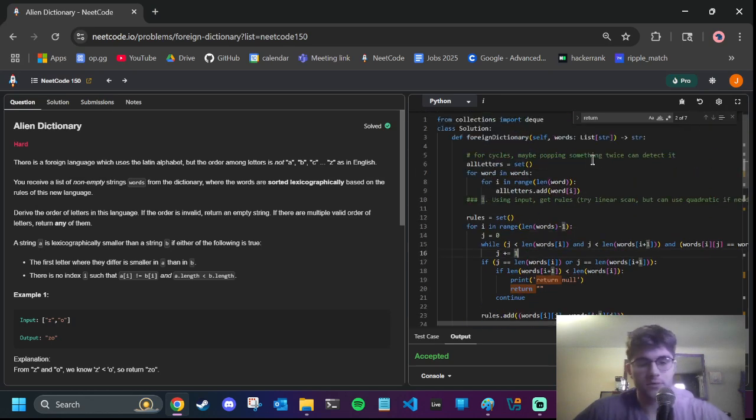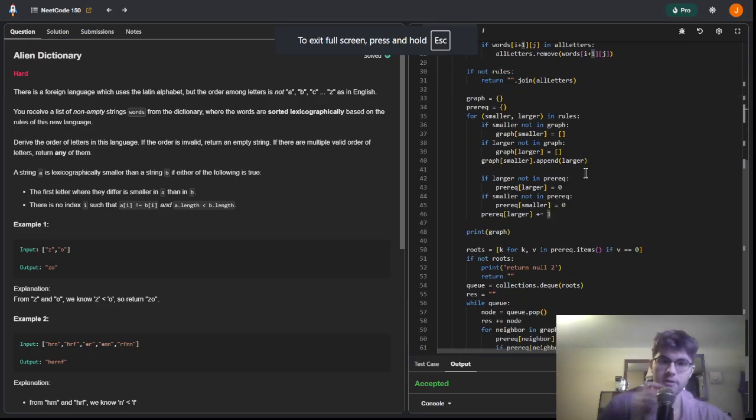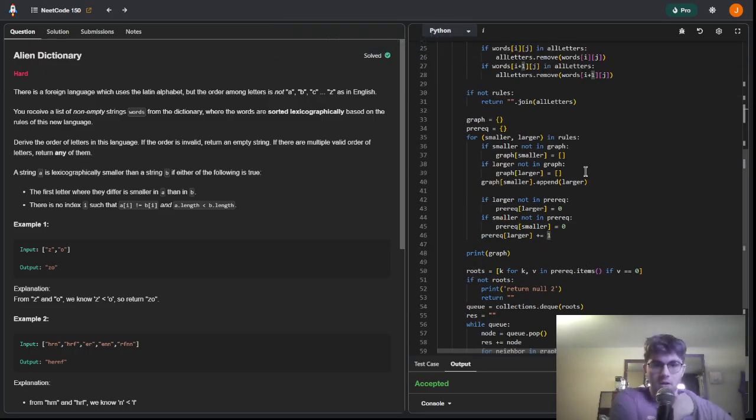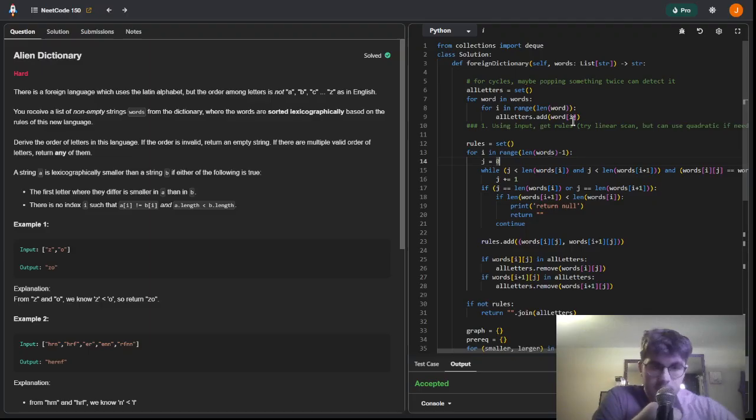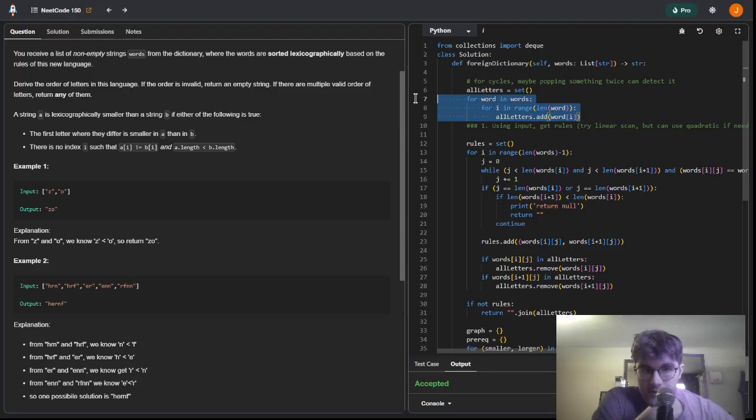Okay, but I do want to clean up the solution a lot and maybe think of some better ways to do things. I think this is fine. Okay, let me start from the top. I don't know if there's a better way to get all the letters. It doesn't give me that, right?